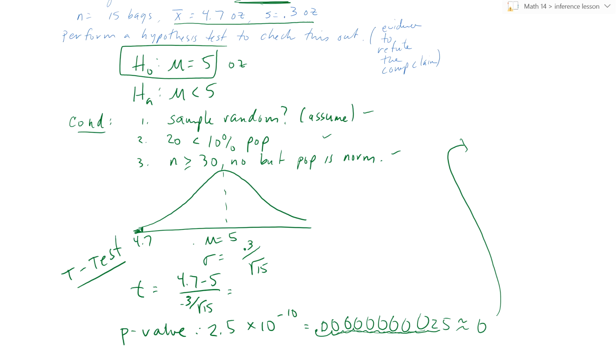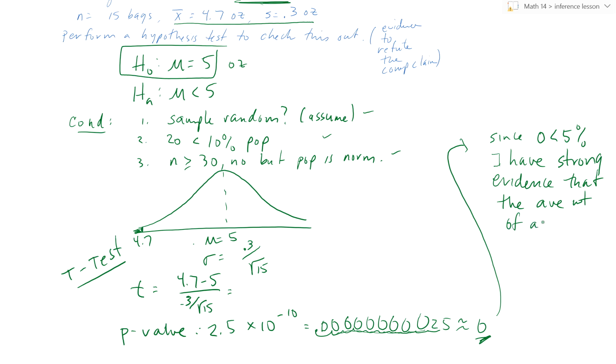And the answer is no. So we're going to say since 0 is less than 5%, because this is 0, I have strong evidence that the average weight of a bag of chips, now I'm putting in context, is less than 5 ounces. Okay, so that includes everything, right?